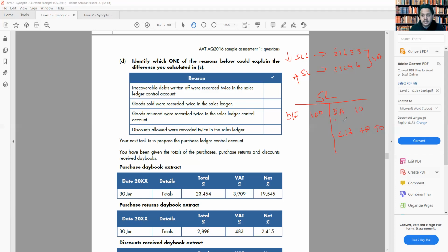If I enter another discount allowed of 10, my balance will be 80. So if later on I find there was only one discount allowed, but mistakenly I entered two, I wrote it twice. If I cut one, my balance will increase from 80 to 90, isn't it? So the balance will go up. That means the sales ledger balance will go up, and if it goes up, maybe it will match.